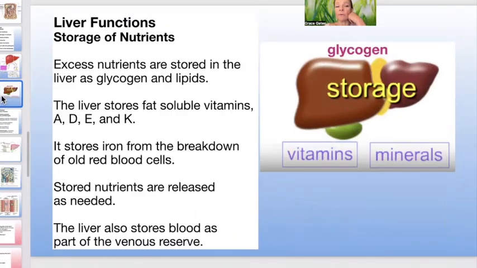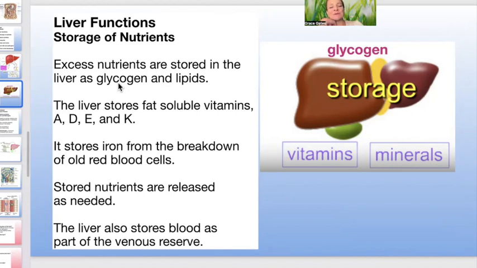Okay, so continuing with liver functions, the liver stores nutrients. Excess nutrients after it has received blood from the hepatic portal vein and it's done its transformations of nutrients into nutrients that are needed by the body. If there are excess nutrients, they are stored in the liver.